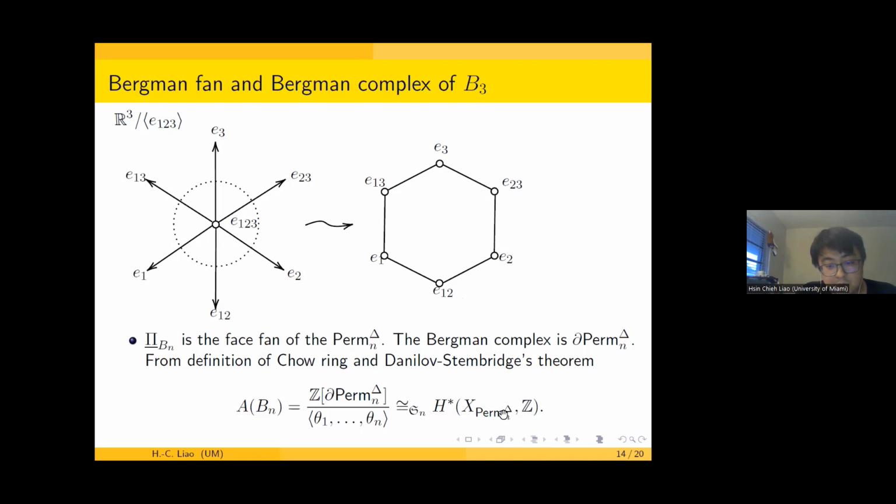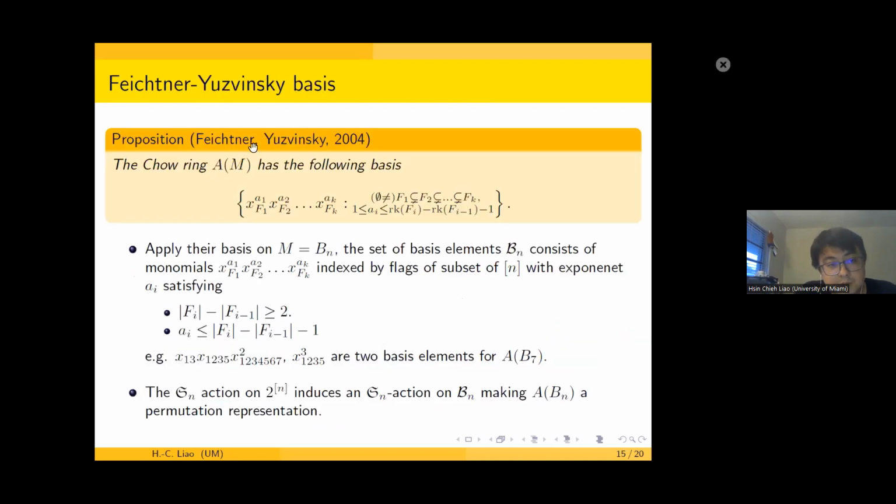Once we know these, there is a theorem by Feichtner and Yuzvinsky, where they found a basis for the Chow ring; the Chow ring A(M) has these bases, and we just apply these theorems.